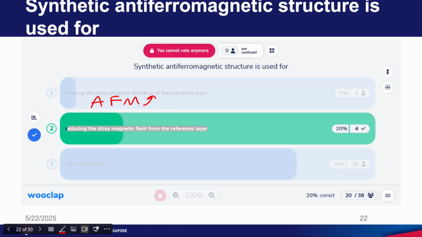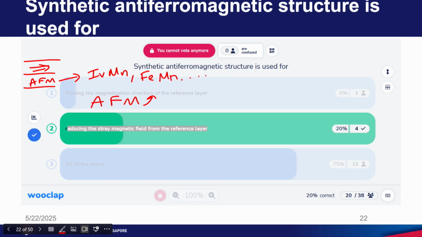I hope you remember we are using antiferromagnetic material to pin the magnetization along a particular direction. These materials are iridium manganese, iron manganese and things like that.